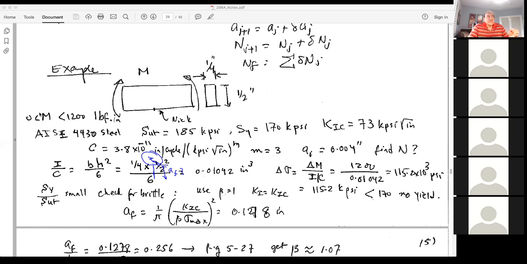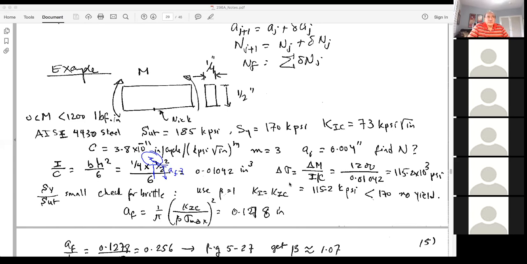So here we just have M, and the stress will be tensile or compressive, bending, My over I, Mc over I, and then we can compute I over c first here as bh squared over 6.